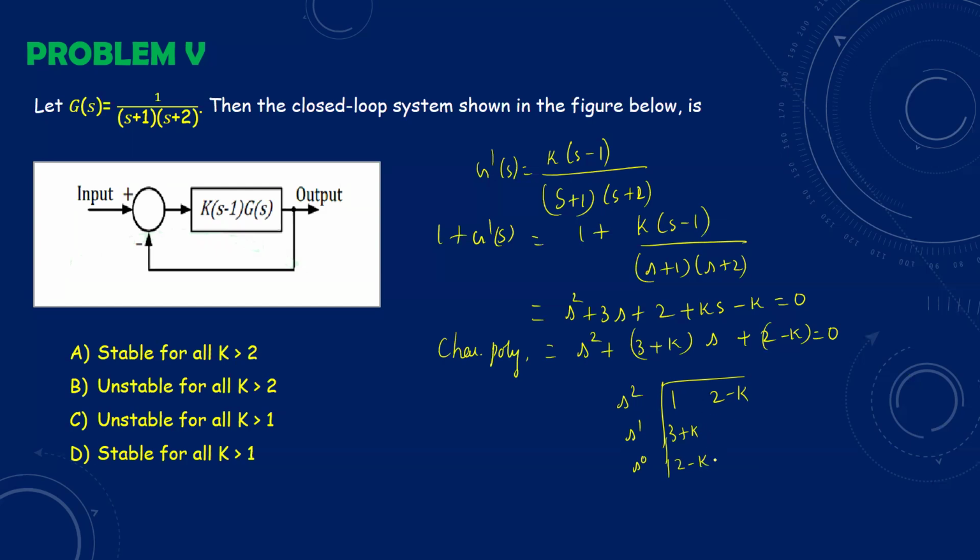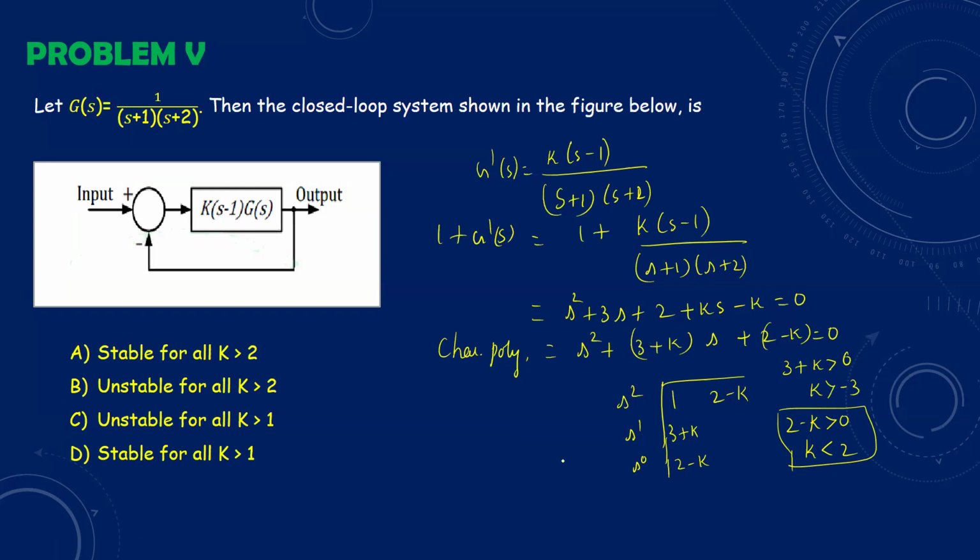So for the system to be stable, the first column elements should be positive, greater than 0. If 2 minus k is greater than 0, k should be less than 2. And if 3 plus k is greater than 0, k should be greater than minus 3.